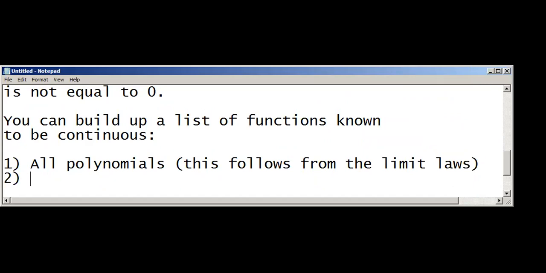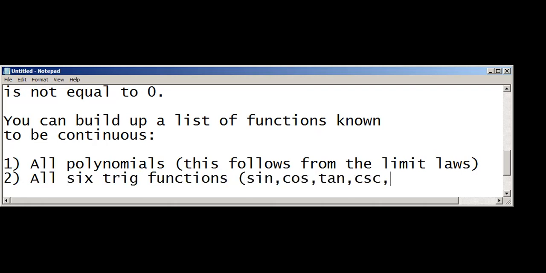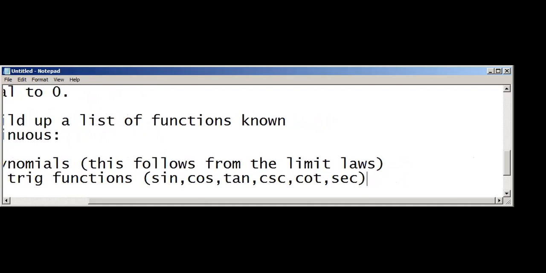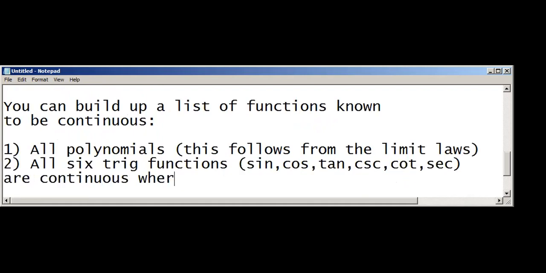And all 6 trig functions, so that's sine, cosine, tangent, cosecant, cotangent, secant, are continuous where they are defined. Like you saw that with tangent. It's not continuous at pi over 2, but it's also not defined there.